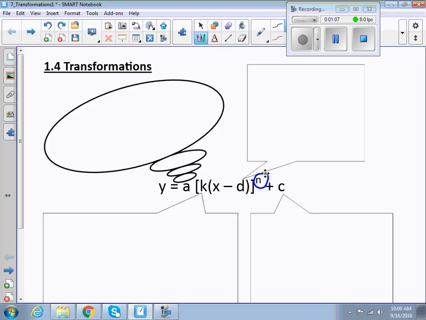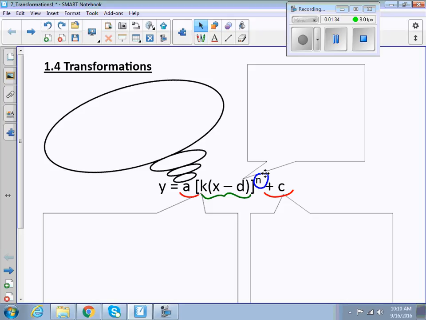Now, as I've mentioned before, whatever is outside of these brackets, so c and a, those affect your y value, so those are vertical stuff. And whatever is inside here, which I'm showing with the green here, k times x minus d, that's what's happening horizontally. Okay, so let's go over the items and you can fill out the handout.